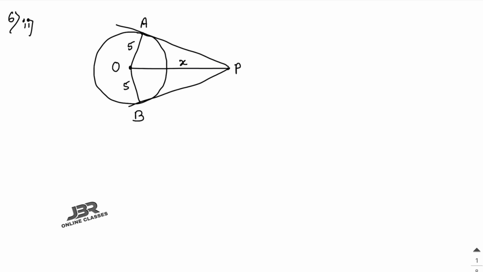That one equals x, that one equals y, and that one equals 12. So here, if this one equals 90 degrees, definitely it is the perpendicular distance from the center to the tangent. So if that one equals y and that one equals 12, definitely PA is equal to PB. So it means y equals 12.